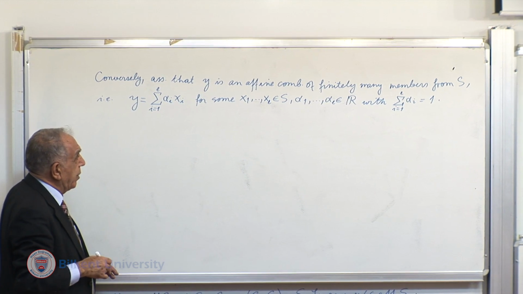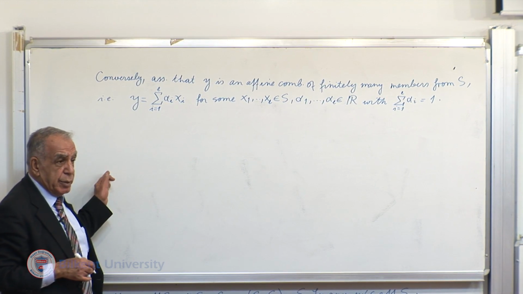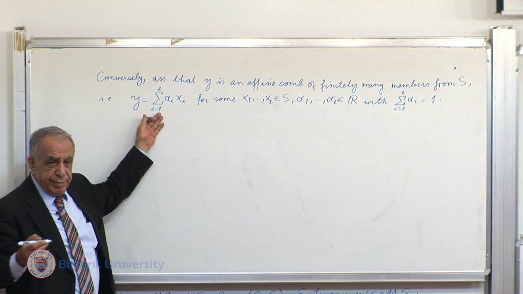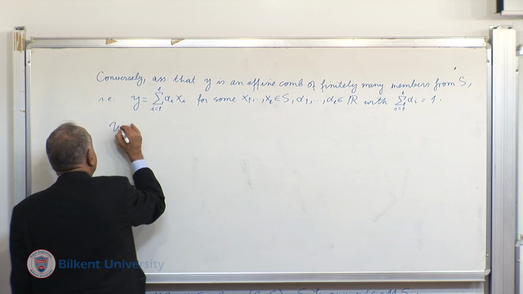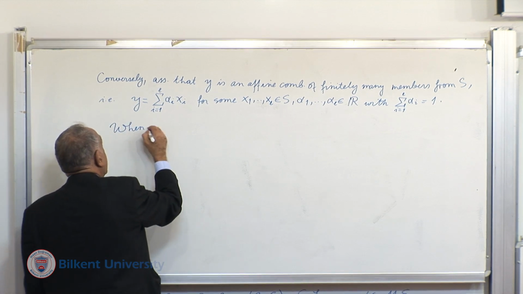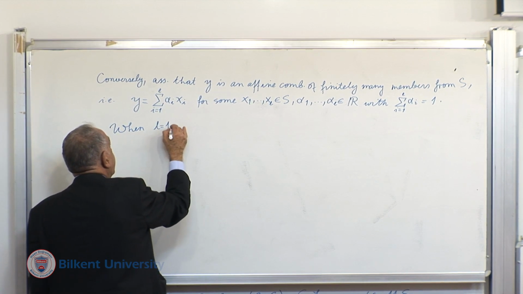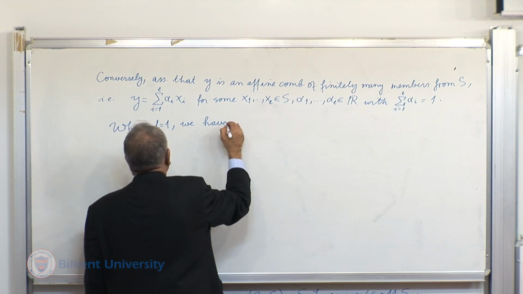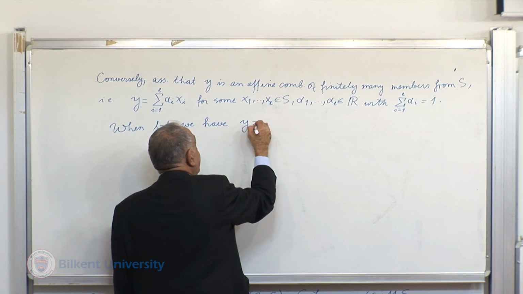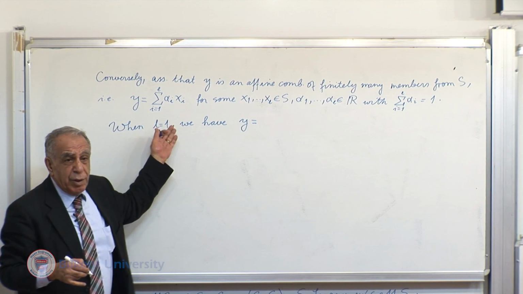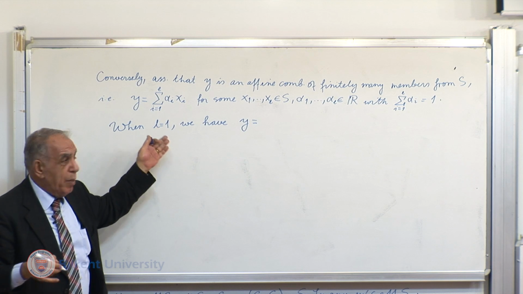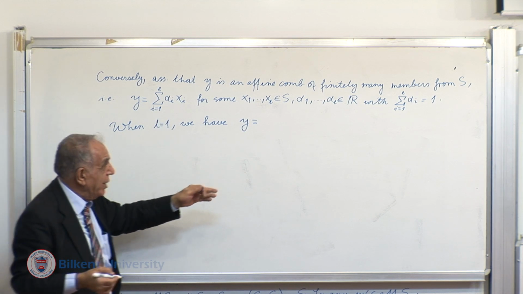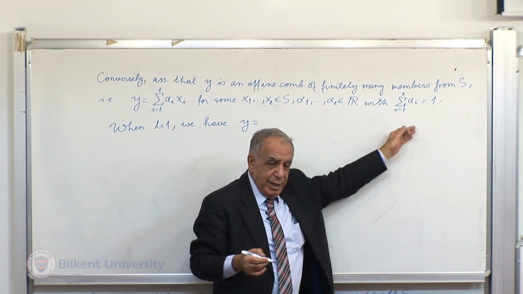Now, we'll distinguish between two cases. Here, of course, l could be 1 as well. When l is 1, y is a one-term sum, alpha 1 times x1, but then alpha 1 should be 1 in order to satisfy this.